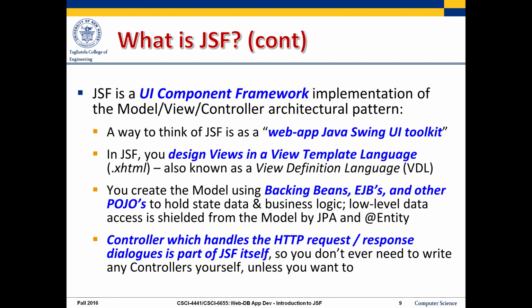But ultimately the view is responsible for rendering the response and sending it back to the user. So there's the cycle in a nutshell from a JSF point of view. There's the controller, the view, the model, and the rest of the data sources, which are purposely hidden below so that you could easily swap them in and out as necessary.